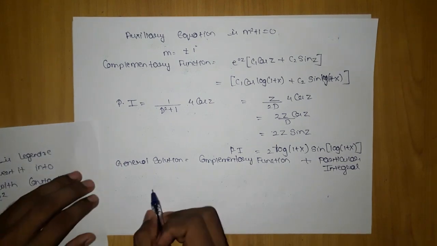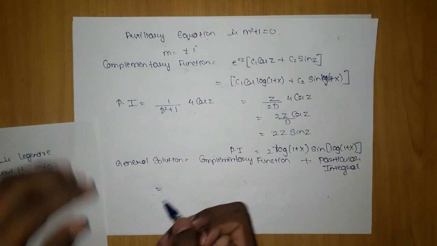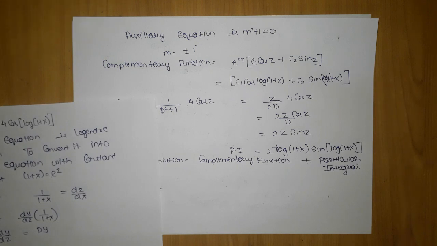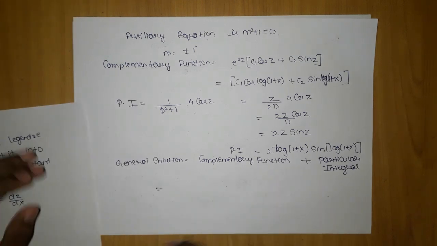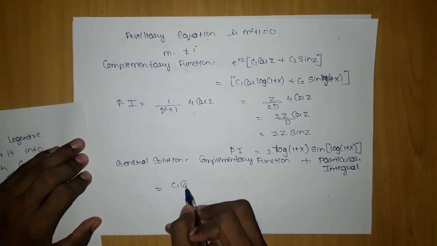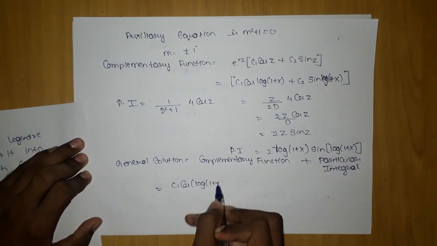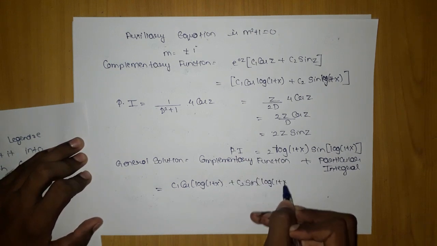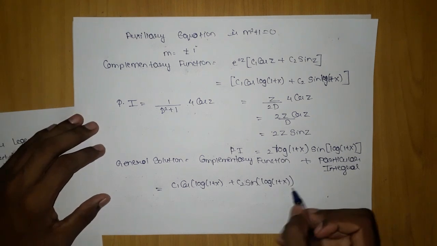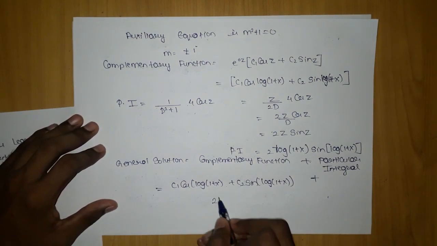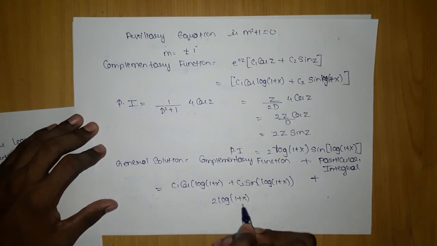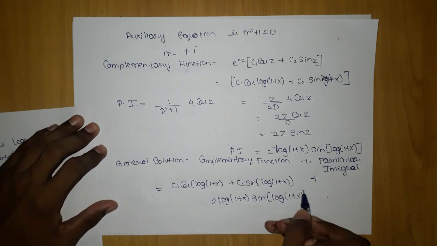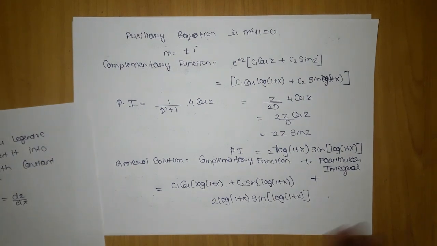The complementary function is c1 cos of log 1 plus x plus c2 sin of log 1 plus x, and our particular integral is 2 log 1 plus x into sin of log 1 plus x. Agreed? So we are getting this as our answer.